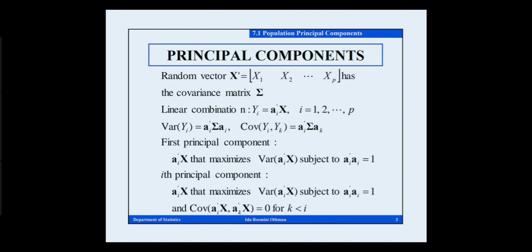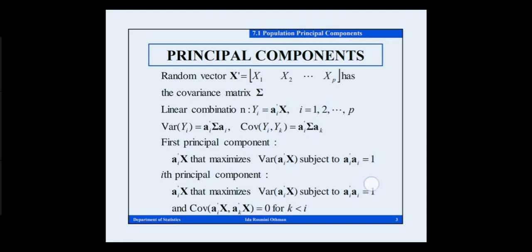And then we can also find the variance of the linear combination using this formula, and the covariance using this formula. This formula you have learned before in the previous chapter, but for this topic I will show the theorem of how we can find the principal components, using the same concept, the variance covariance matrix.